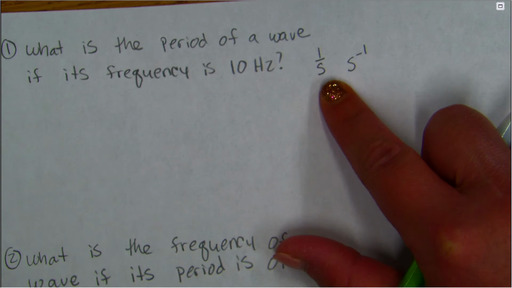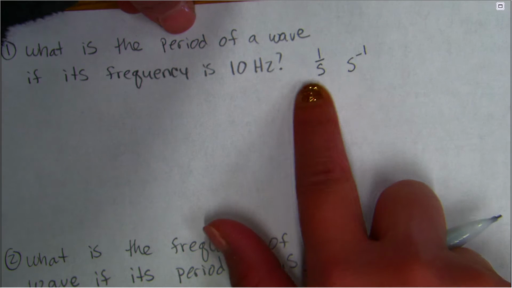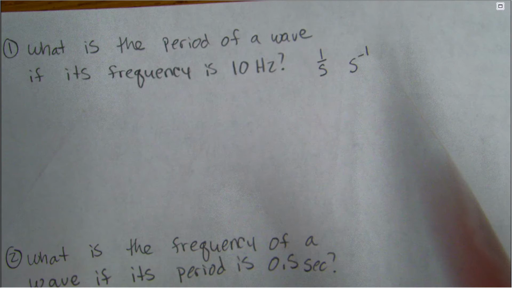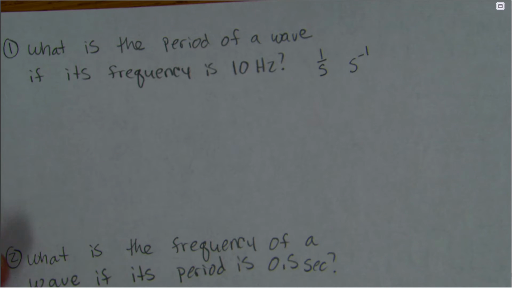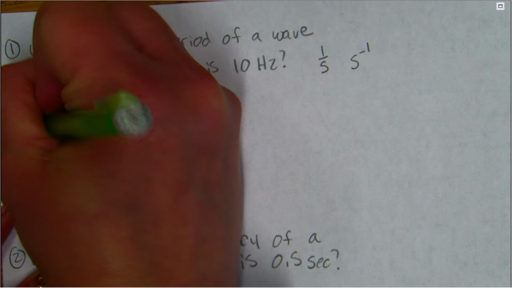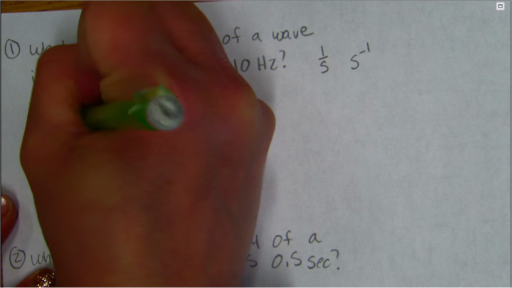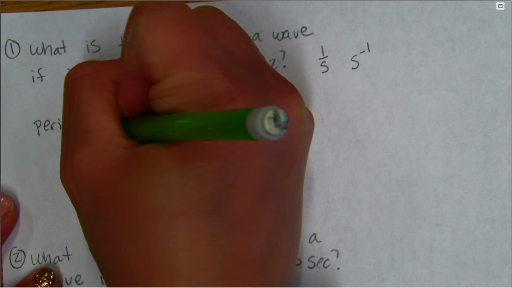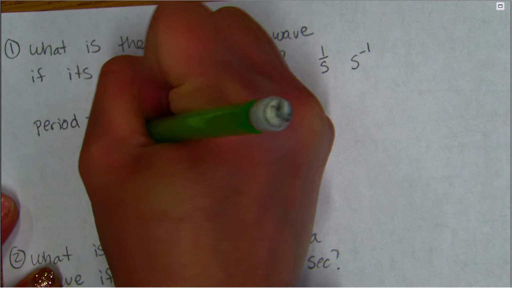And now this makes sense because if period is time, here is our time in seconds. So the formula to find period: the period is going to equal 1 divided by the frequency.